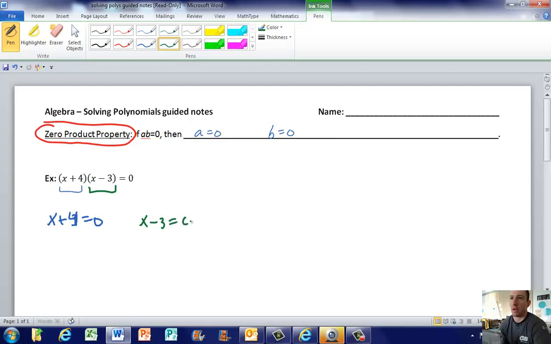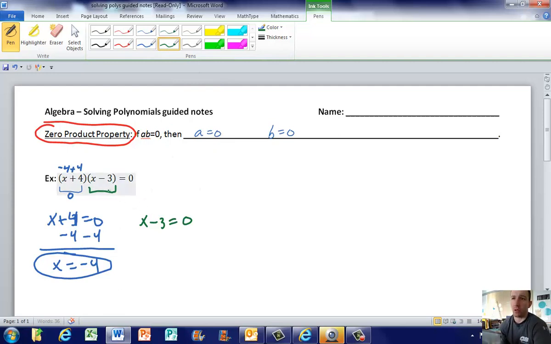Anytime I pull these factors and set them equal to 0, when I solve for x, I end up getting the value of x that will make this equal to 0, and 0 times this is 0. So one of our solutions in this equation would be x equals negative 4.